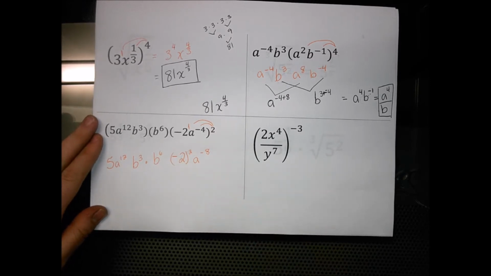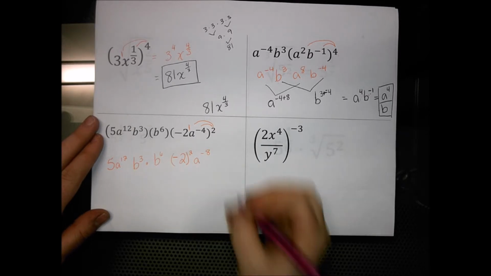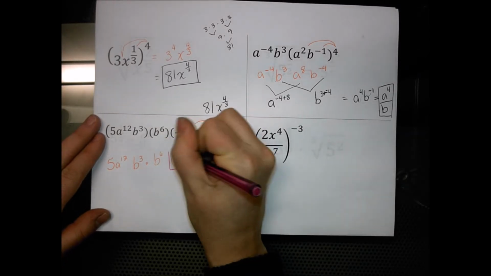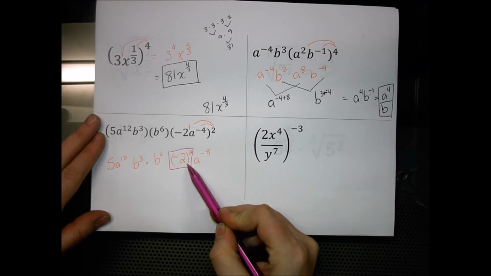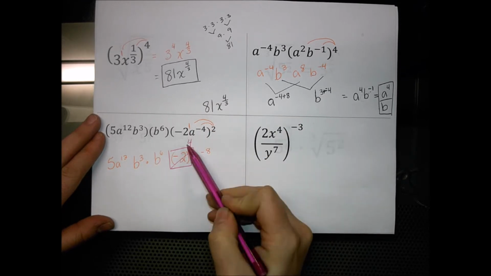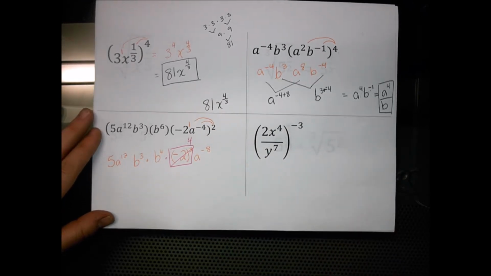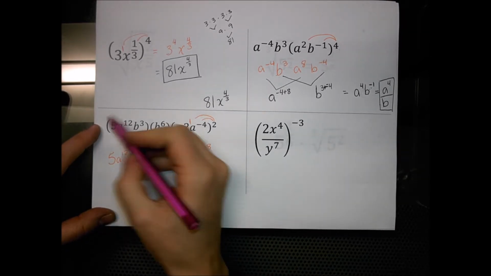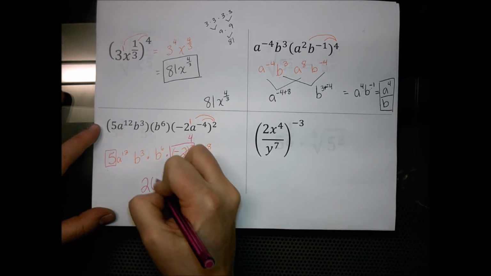So let's deal with our coefficients first. What is -2 to the second? -2 squared is 4. So this is a 4. And I'm going to do 4 times what other coefficient? 5. So you're multiplying those two together to get 20.